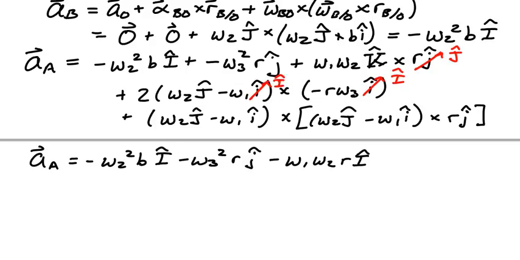And if I go ahead and expand that out, j cross I is going to give me a minus k, so I'm going to have plus 2 times omega 2 times omega 3 times r in the big K.